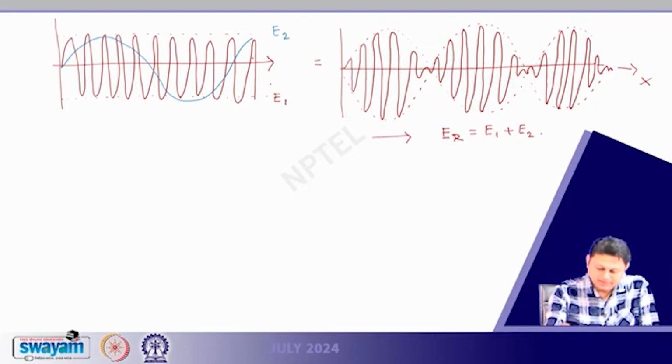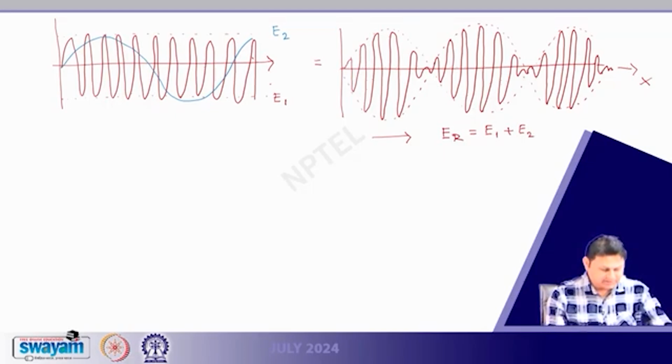And also there is a modulation in amplitude, and it is periodically modulated. We call this the envelope function through which it is modulated, and this envelope wave has a frequency which is omega 1 minus omega 2 divided by 2. And this is also moving in one direction.